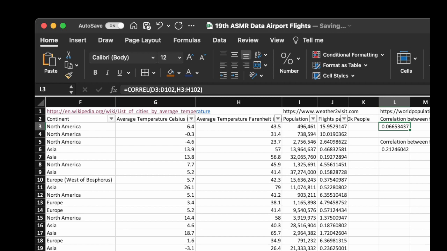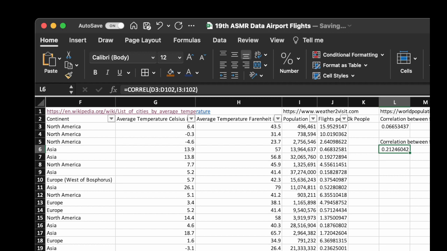Then I also wanted to see if there is any correlation between the city population and the number of flights, and there was, again, a weak positive correlation of 0.21. So again, not a great correlation between the population and the number of flights.